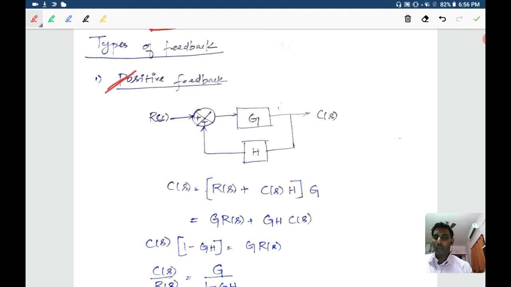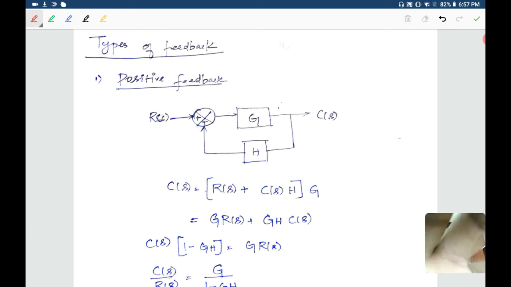In the positive feedback system, the input r of s is given to a summer where both signs are plus, and it passes through a system with transfer function G. The output is c of s, and it is fed back through a system having transfer function H and given back to the error detector. So this is a positive feedback system.